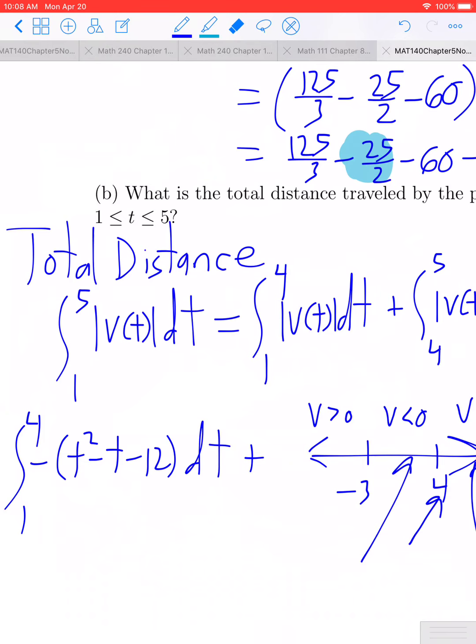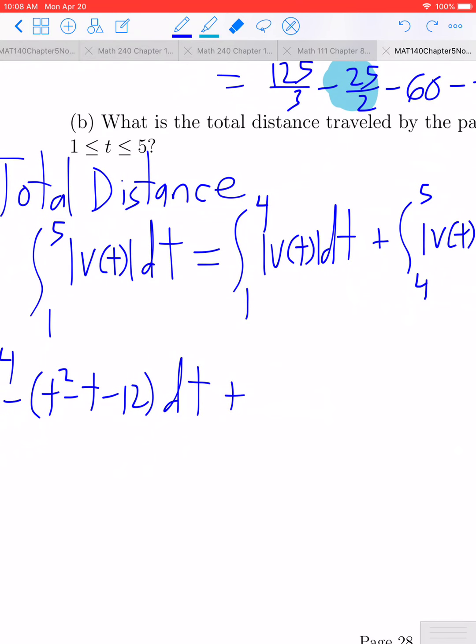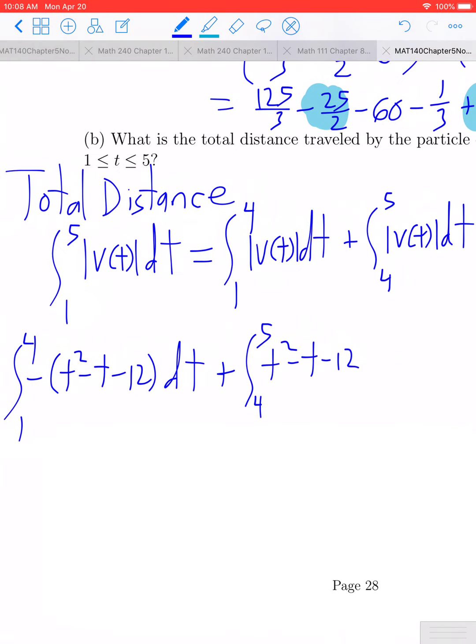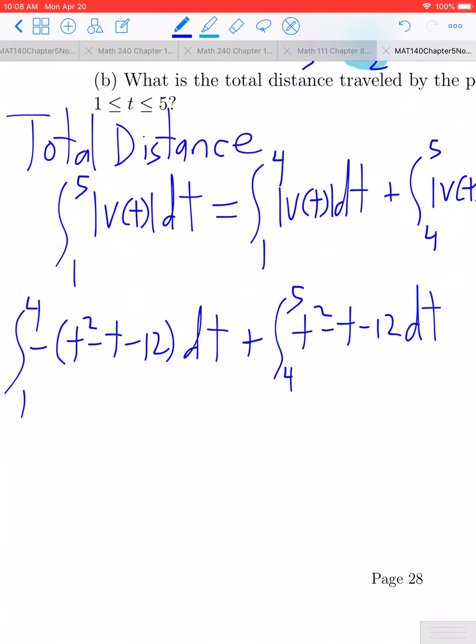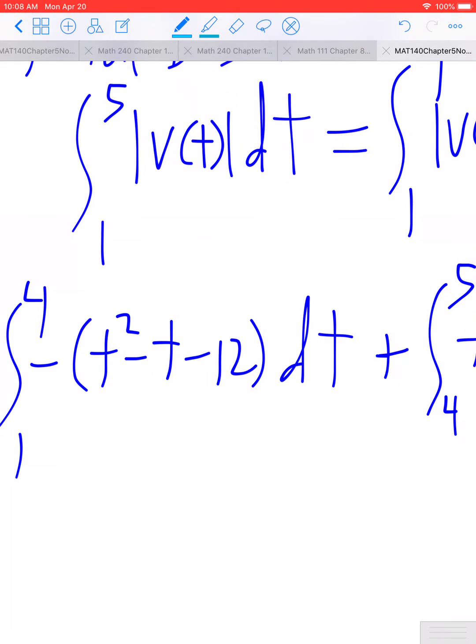And it's positive from 4 to 5, so its absolute value is just equal to itself, plus the integral from 4 to 5 of t squared minus t minus 12 dt. Now that we have it set up, we can go ahead and work through this. I would probably begin by distributing my negative sign through here. Make this a plus, minus, plus, plus.